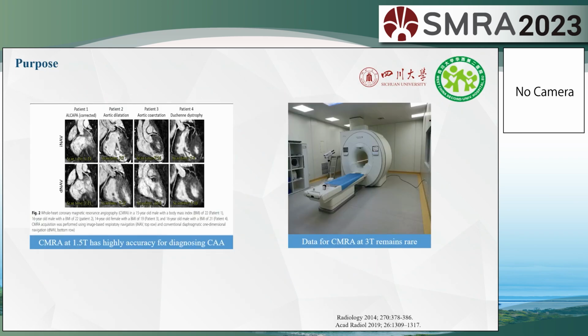Several studies have reported that self-navigated CMRA at 1.5T was highly accurate for diagnosing CEA. However, data for CMRA at 3T remain rare, and the clinical application of 3T CMRA remains to be investigated in pediatric patients with suspected CEA.